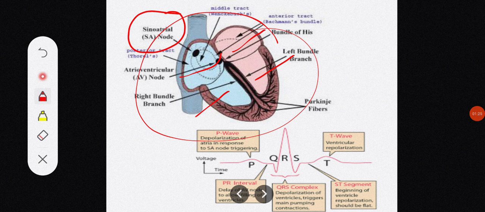We have the pacemaker here, and these are the specialized cells which generate action potentials at a regular rate.